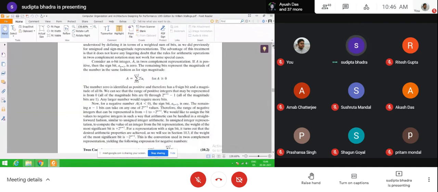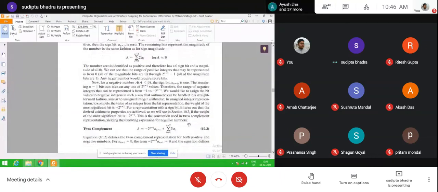So here the summation term is what? This one. This part is the summation part. Then if a n minus 1 is 1, that means the sign is negative, a negative 2's complement number.